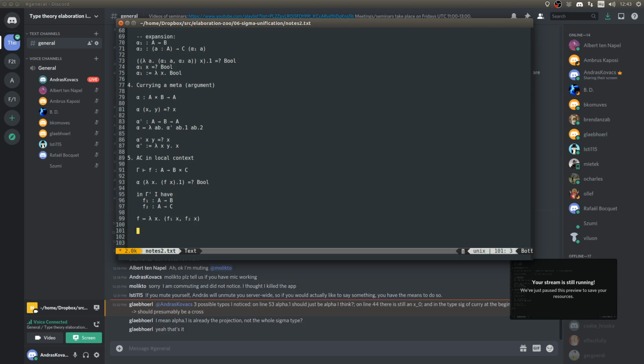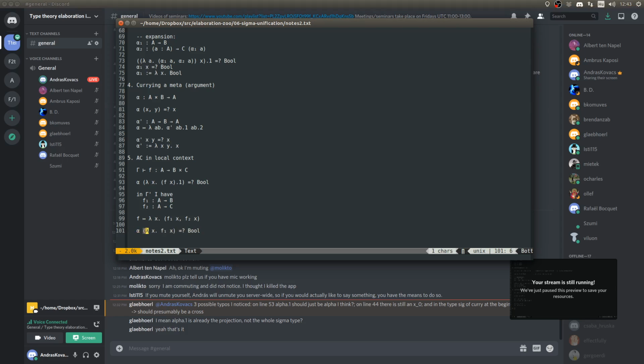And now the problem becomes alpha and lambda x dot, but fx dot 1 is just definitionally the same as f1x, and now I have to unify it with bool.